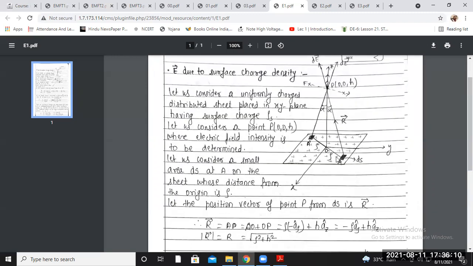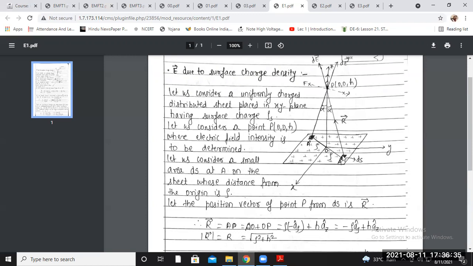Similarly, in the previous topic we discussed a small line charge, so we took a small length and integrated that small length to find the total charge along the line length. A similar case occurs for this surface charge density. So this position vector is from point P to this small area dS.